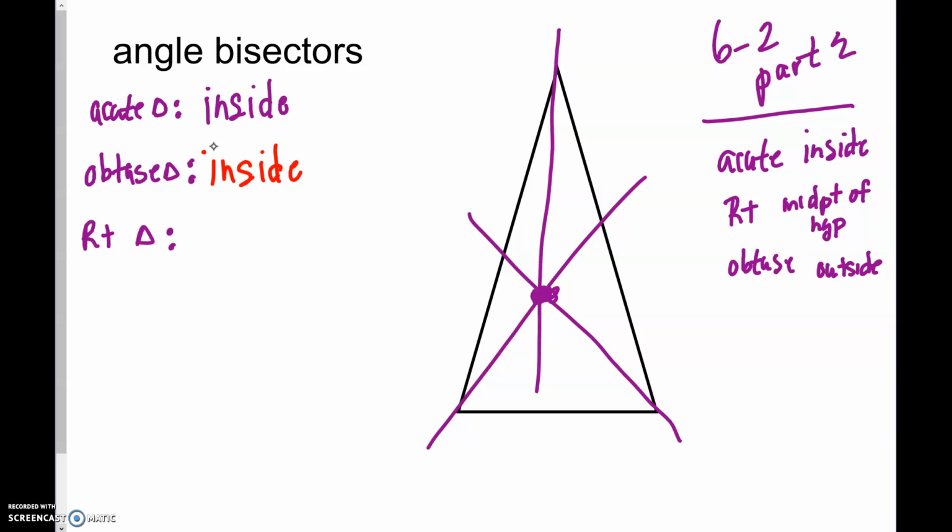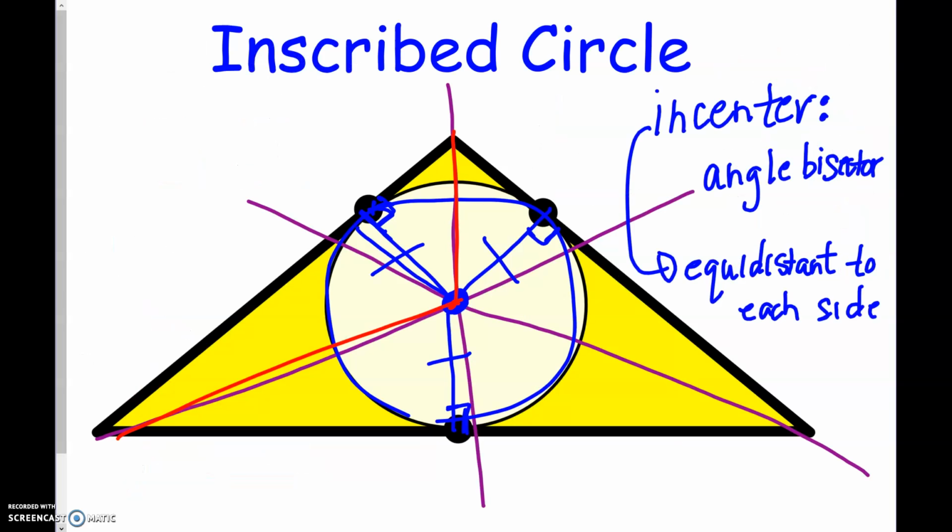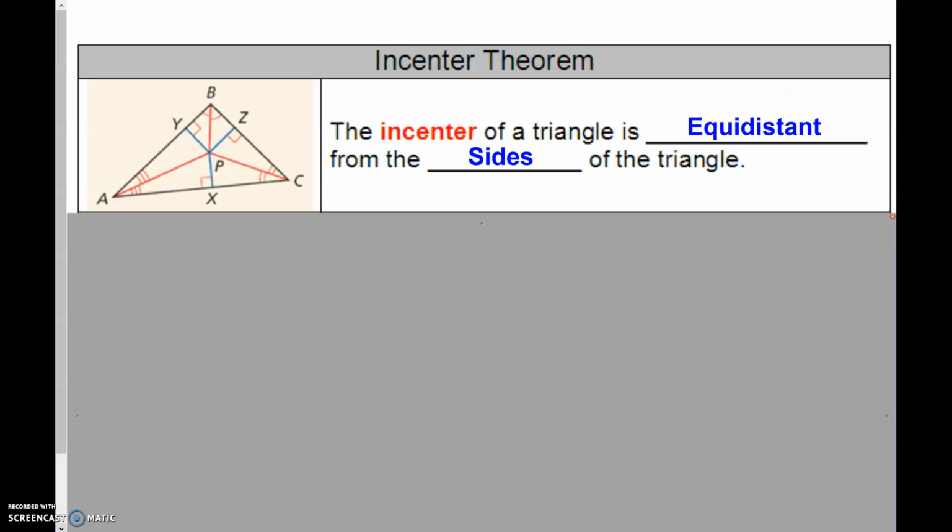Okay, and that also happens for the right triangle. So we could certainly do another one, but the point of concurrency is always going to be inside for your angle bisectors. All right, so let's see what special things we have.